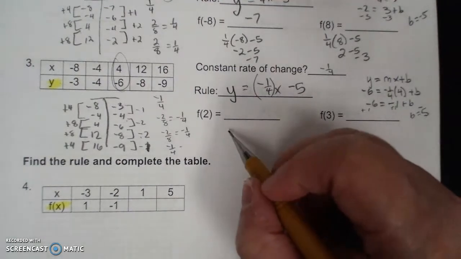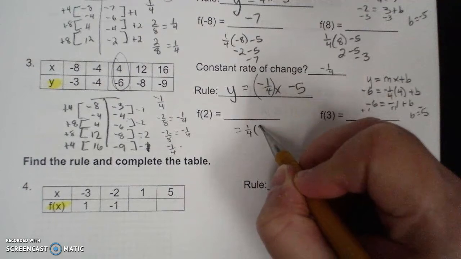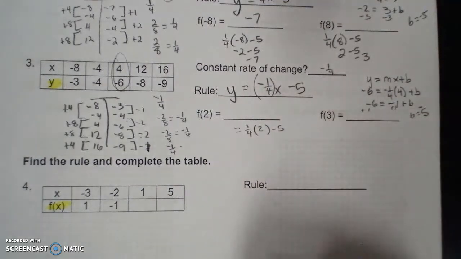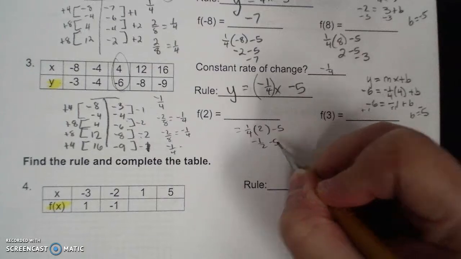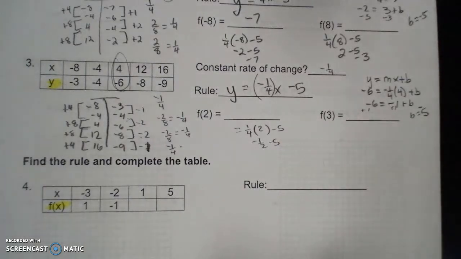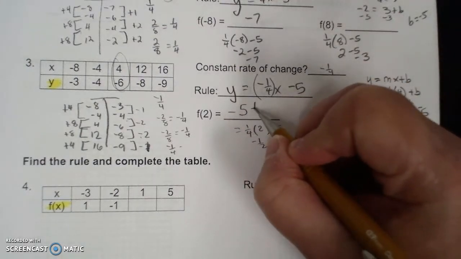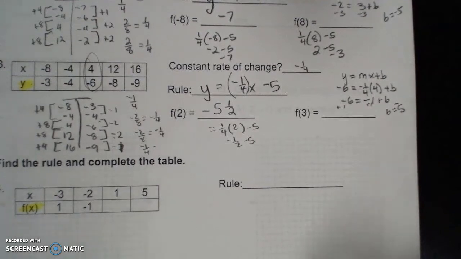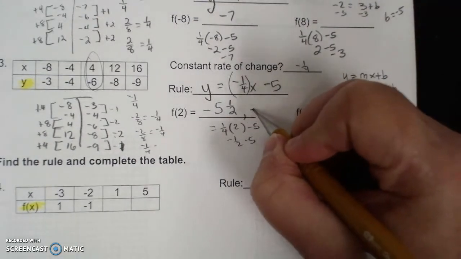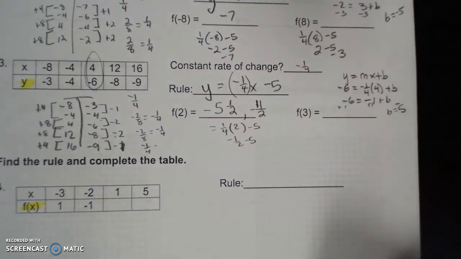F of 2 would be negative 1/4 times 2 minus 5, which is negative 1/2 minus 5, which is negative 5.5. If you're putting it in a computer, I wouldn't mind if it was negative 11 over 2.